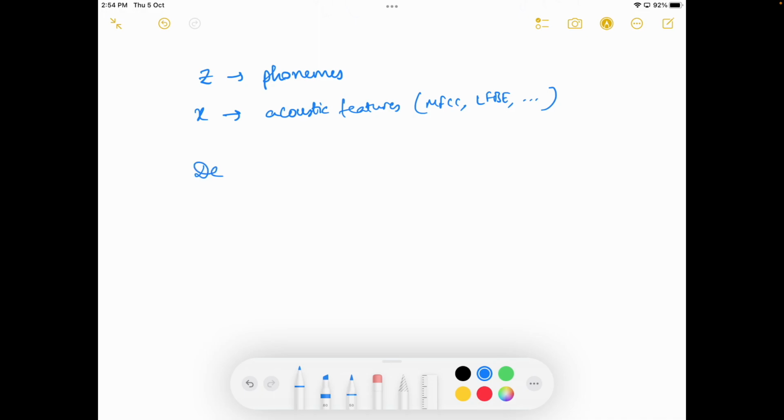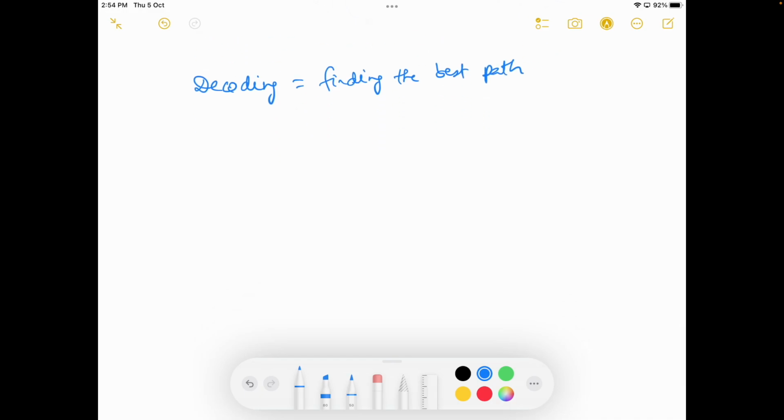So let me write it down. Decoding equals finding the best path. We discussed that we have phoneme sequences, which means every word is made up of phonemes.